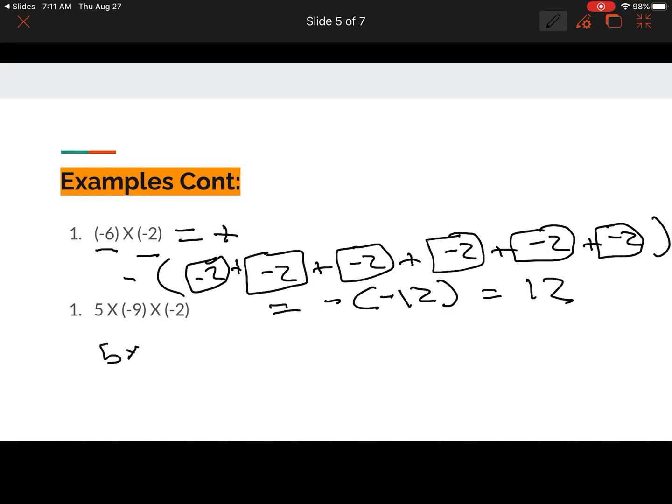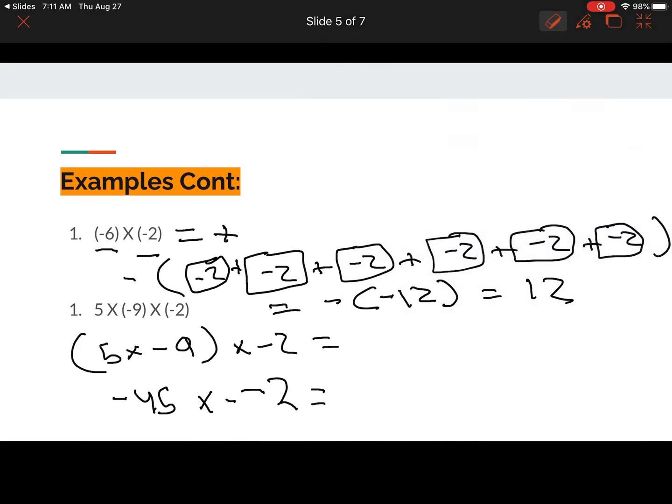So let's start with 5 times negative 9. I'm just going to put this in parentheses here. So 5 times negative 9 would be equal to negative 45, right? Because we have a negative times a positive, so we would know that that would be a negative number. Now we have negative 45 times negative 2. So what is negative 45 times negative 2?